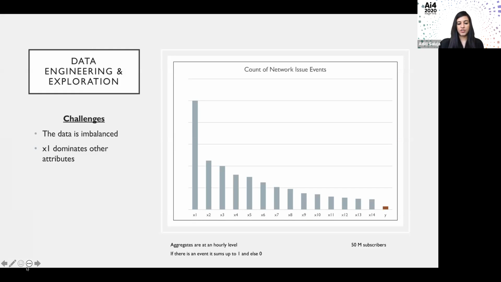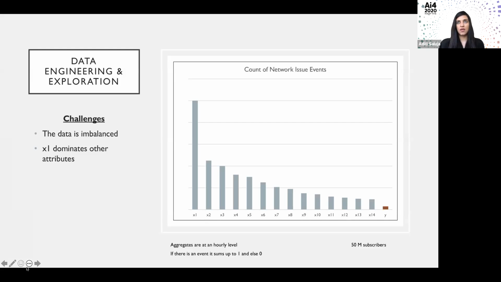In the data engineering, I aggregated the data at an hourly level. Once the KPIs were created, and we knew the threshold of any particular KPI to be defined as a bad performer, the data was aggregated at hourly level.